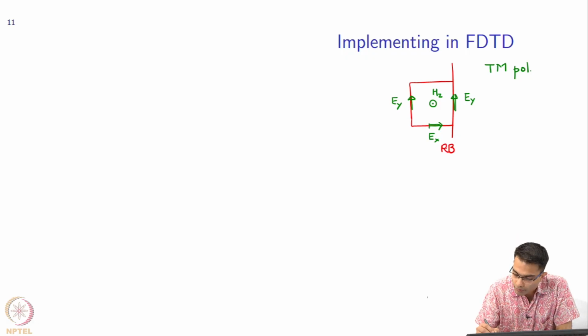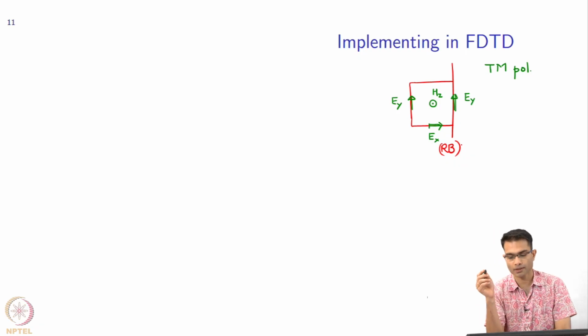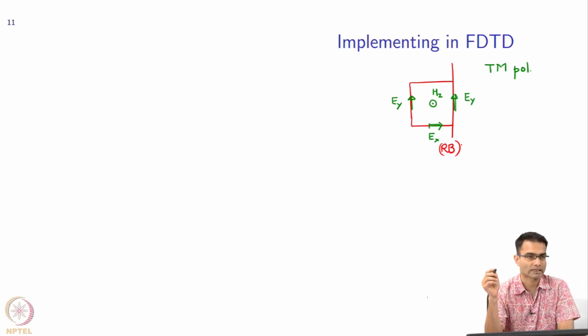So, this is the right boundary, okay. That means there is nothing beyond this boundary and I am taking a simple 2D TM polarization case, okay.